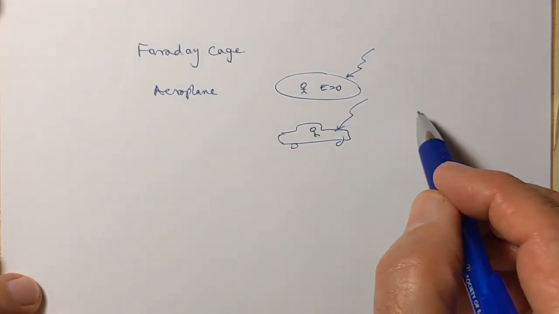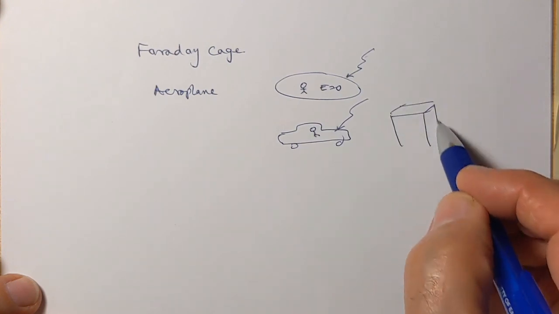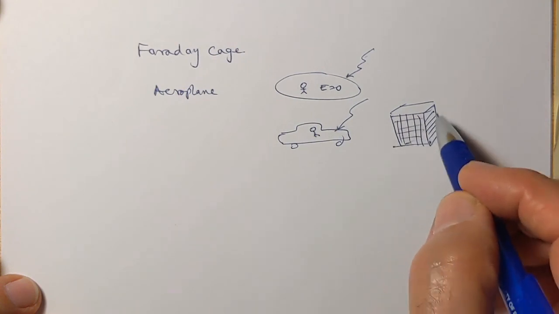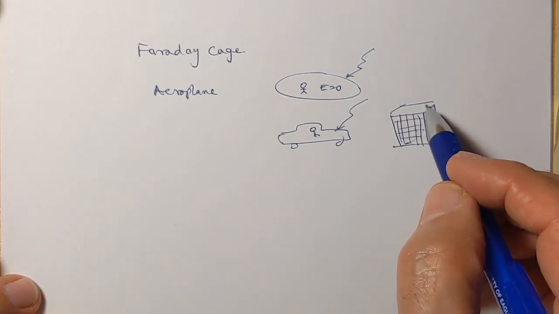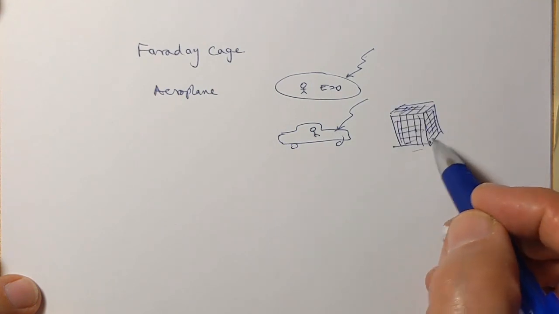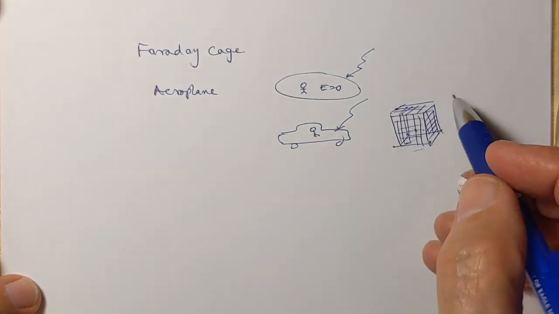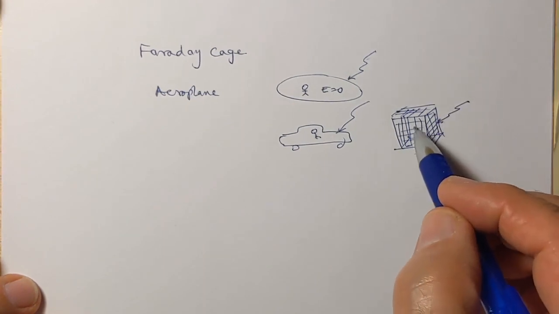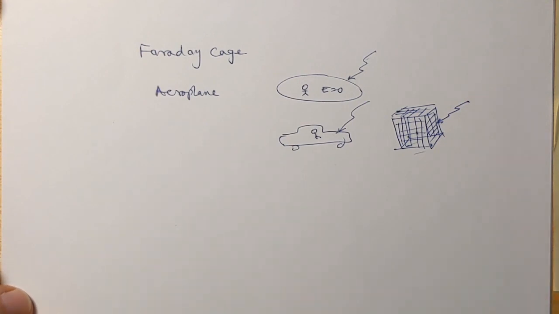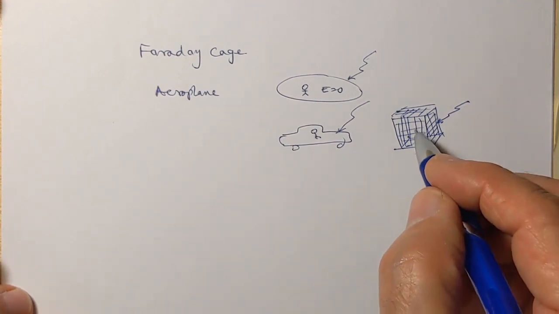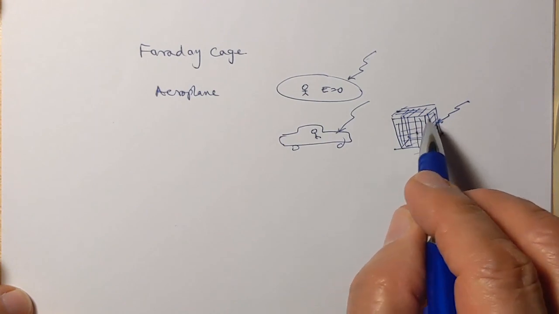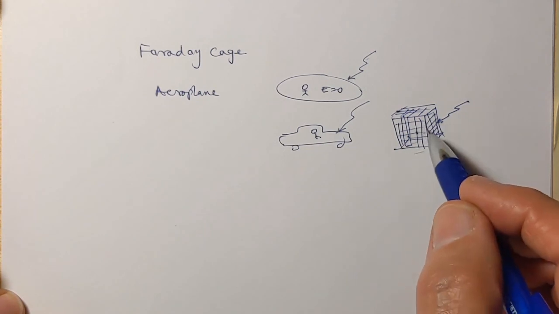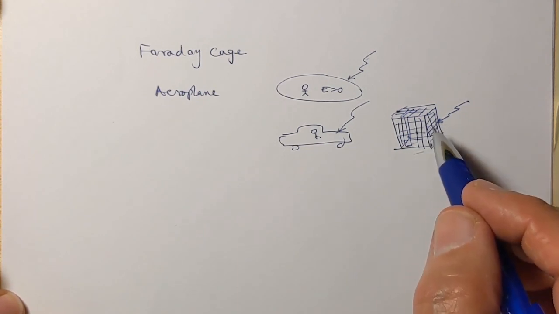So if you have some kind of a box made of wires, and the person is inside it, and it's a wire mesh on all sides, top, bottom, and all six sides, then you may have huge sparks hitting this, and the person inside will be okay, will have no effect, even if that person touches the inside of these wires. That's because the electric field inside, or on the inside of each of these wires, is also zero.